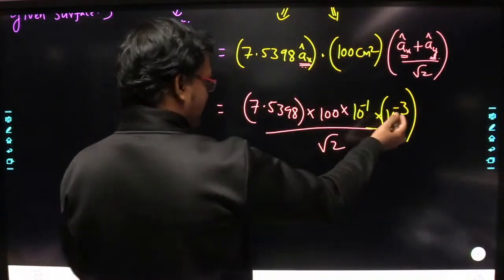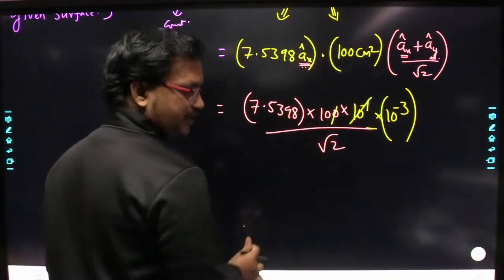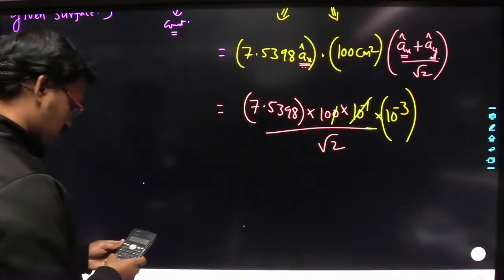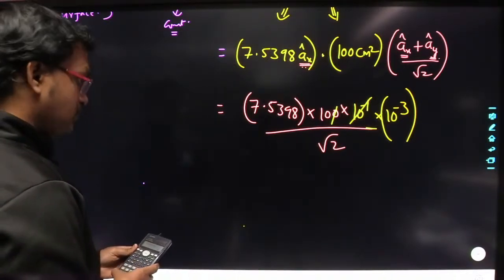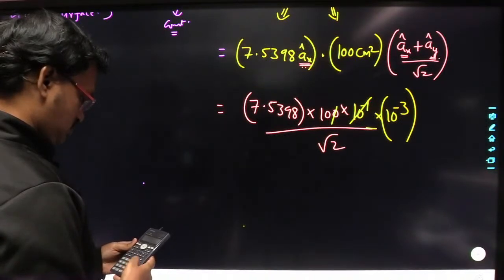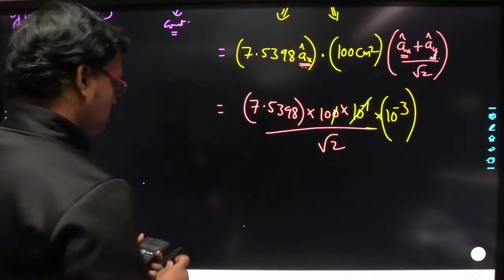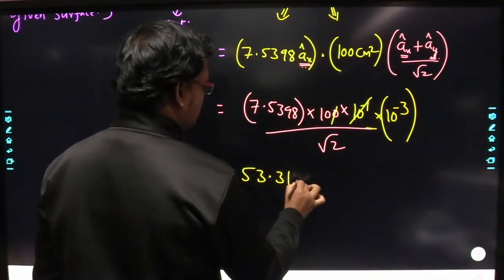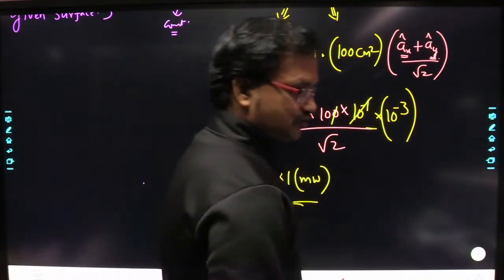Here 10 power minus 1, the 10 will get cancelled. So calculate this one here: 7.5398 into 10 divided by root 2. Okay, so you are going to get finally 53.31 milliwatts. So this is the answer for this question here.